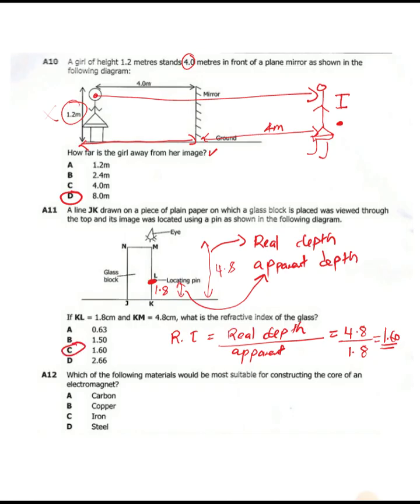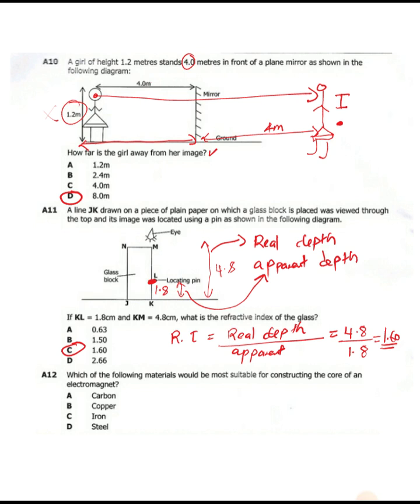Question 12. Which of the following materials would be most suitable for constructing the core of an electromagnet? One thing that you need to know when it comes to the making of electromagnets is that they should be easy to magnetize and demagnetize. So which one is easier to magnetize and demagnetize here?